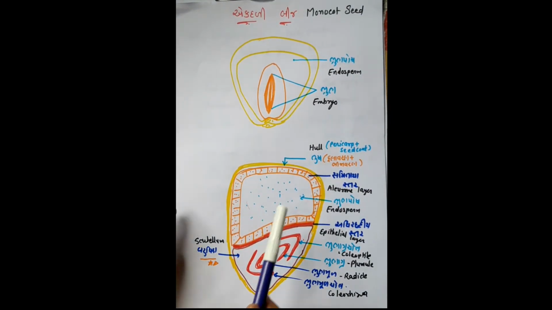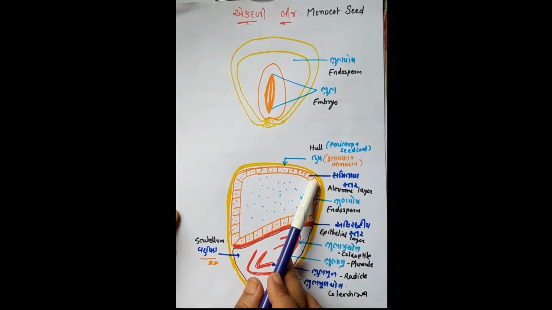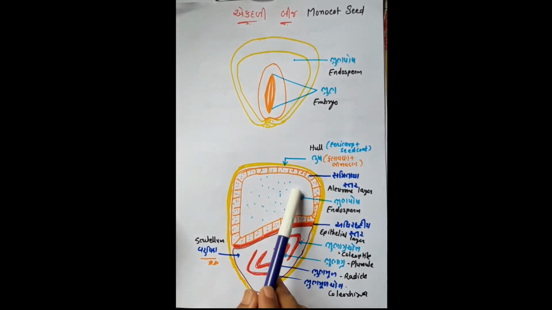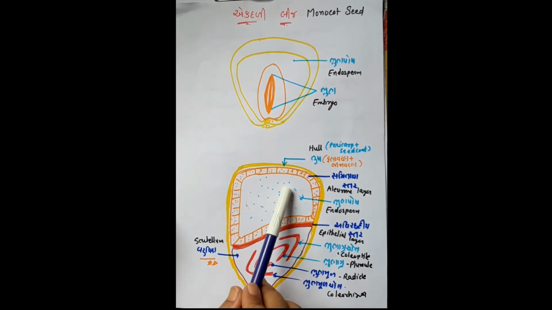Below the hull are square or rectangular cells, the aleurone layer, in which protein is stored, and that broad portion is known as the endosperm. Here in the endosperm, starch is stored.